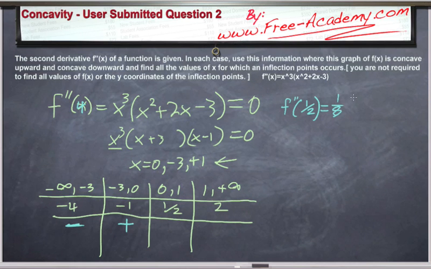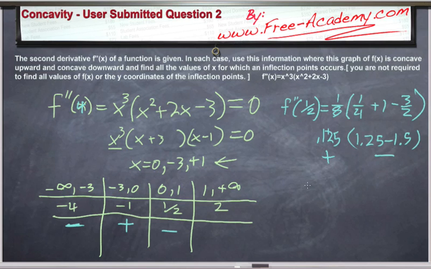This is 1/8 times 1/4 plus 1 minus 3, which is 1.25 minus 1.5 times 0.125. Well, this is going to be negative times positive, so that's equal to negative. And then we do this one last time using 2. This is going to be equal to 8 times 4 plus 4 minus 3. That's a positive times a negative, so that gives us a negative value there.